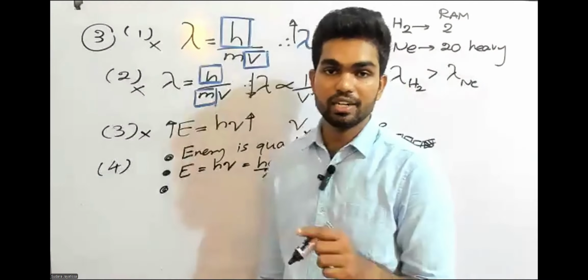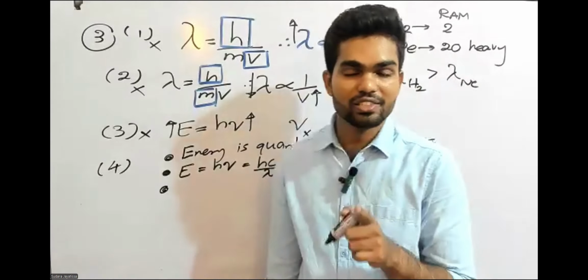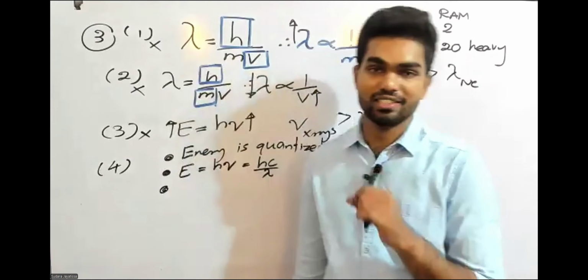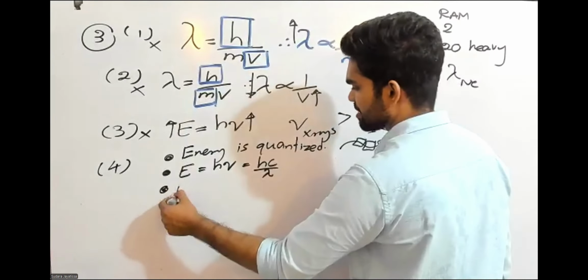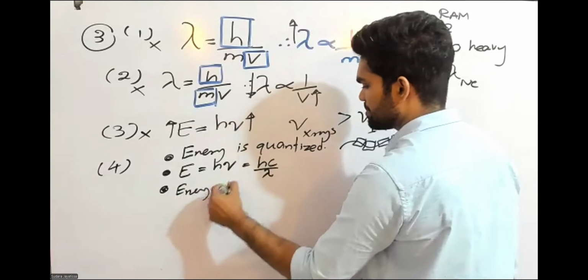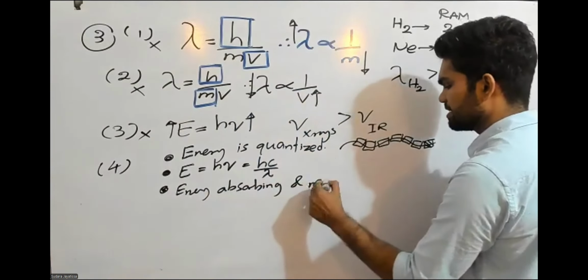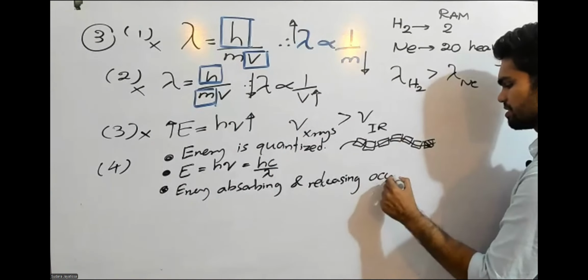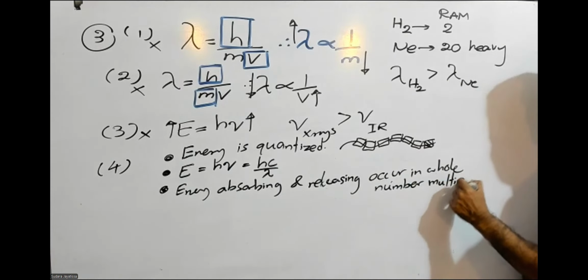And third, the most important thing, he said that none of the processes is going to absorb or release fractions. Energy absorbing and releasing always occur in whole number multiples of the energy of one photon.